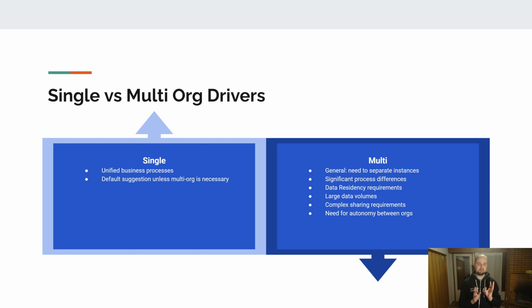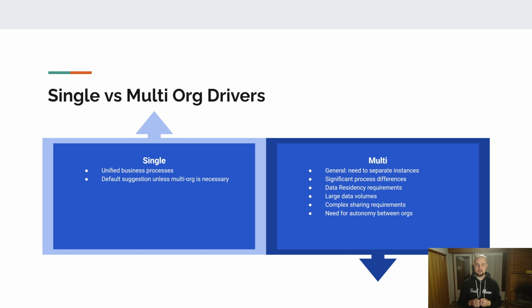It's better by default to go single org unless there's something that specifically requires you to go multi-org. The single org also is less costly to develop. We don't have to worry about developing multiple instances. It also has implications for licensing. For example, we don't need the same people to have multiple Salesforce licenses. It's enough for each of them to have just one license.